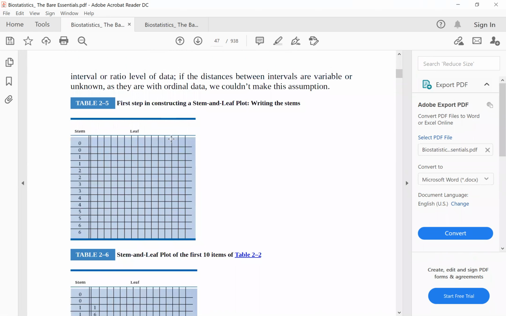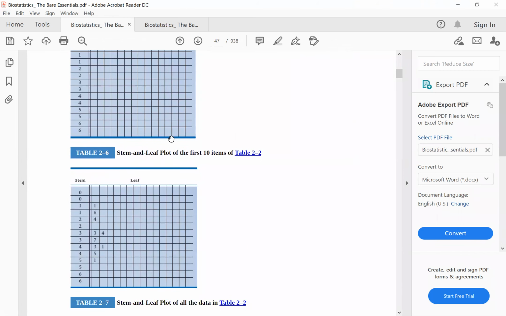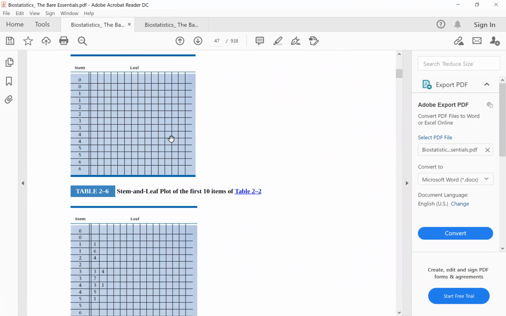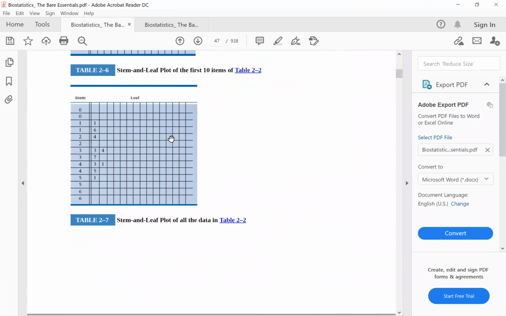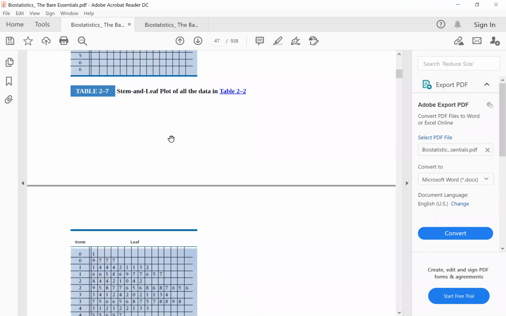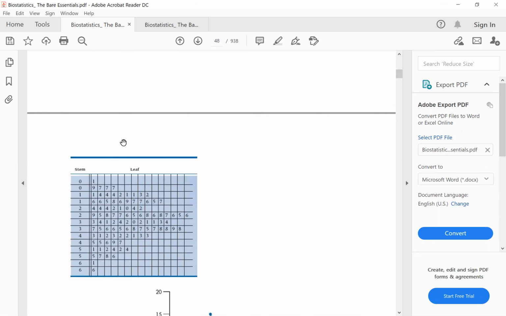So table 5, first step in constructing a stem leaf plot is writing the stems, and 2.6 is a stem leaf plot of the first 10 items of table 2.2. This other one is a stem leaf plot of all data.